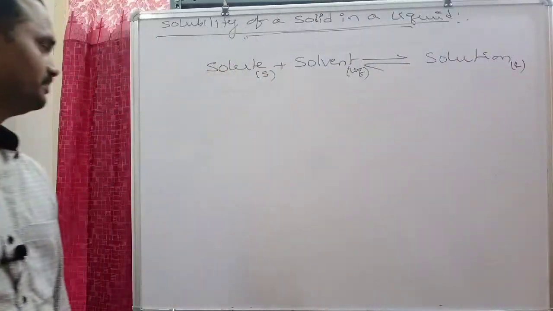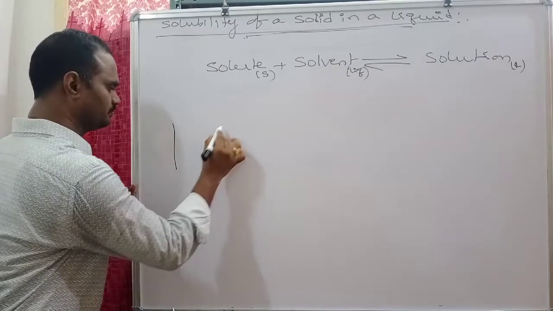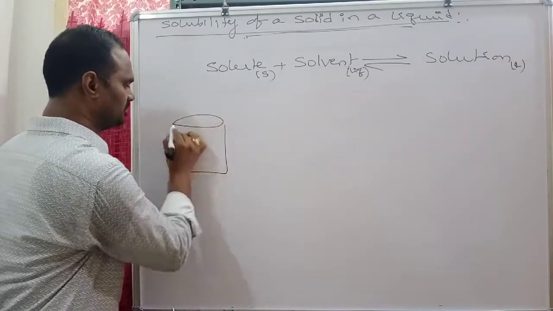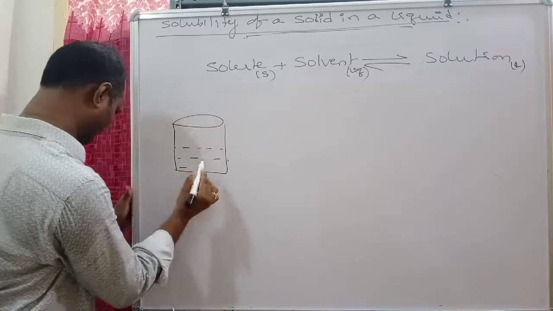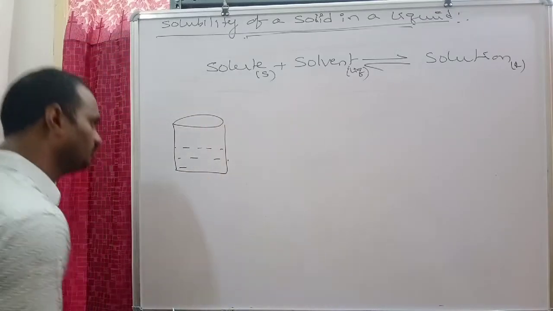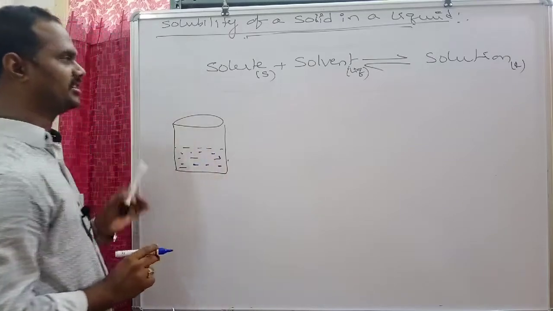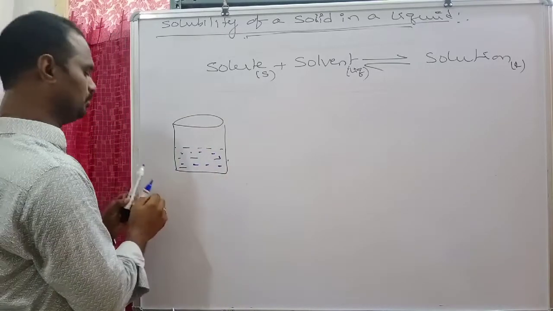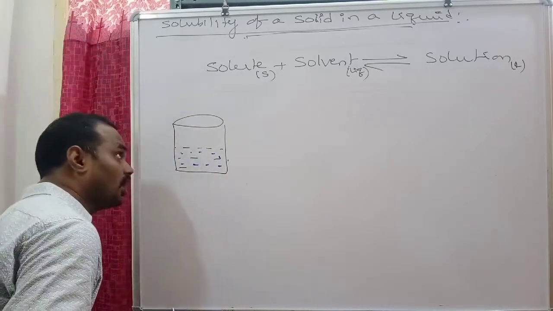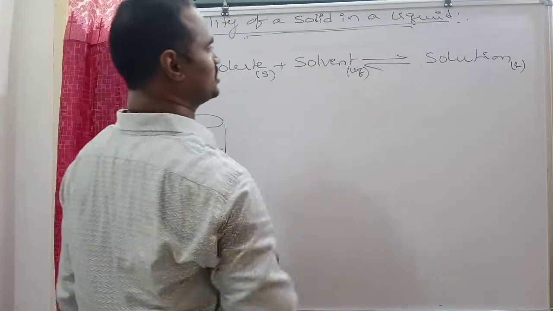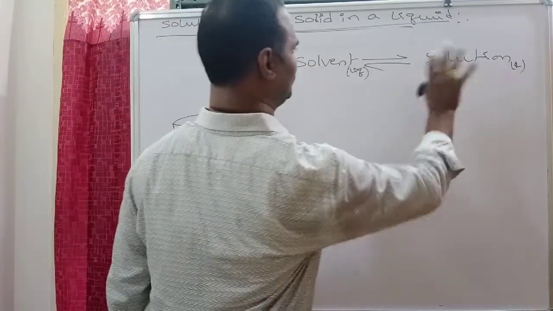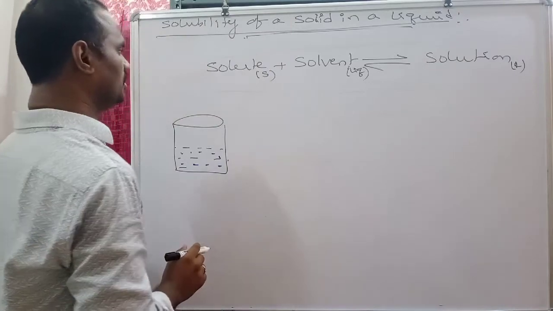Okay, carefully see. Suppose some solvent is taken initially. When we add some solute particles, these solute particles start dissolving in the solvent and convert into solution.